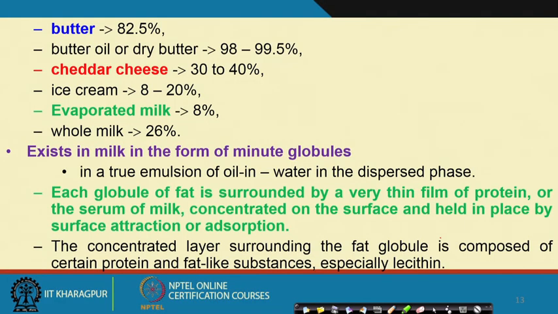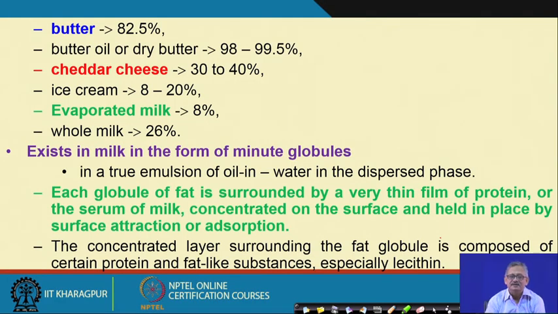For example, cheddar cheese, a variety of cheese, contains around 30 to 40% milk fat. Ice cream also contains around 8 to 20% fat, depending on the ice cream.